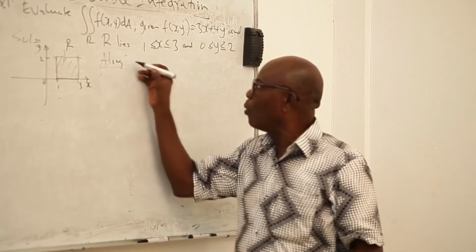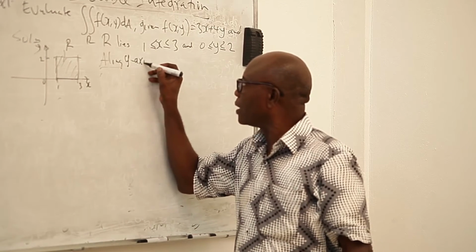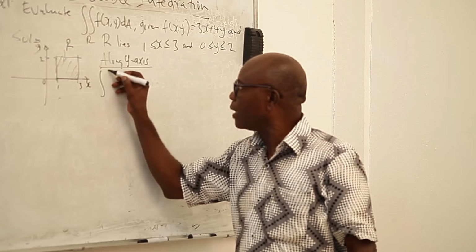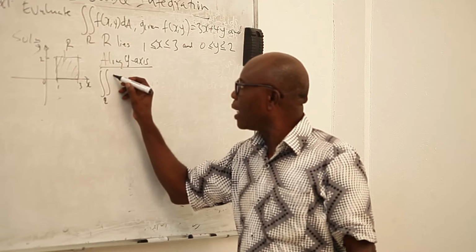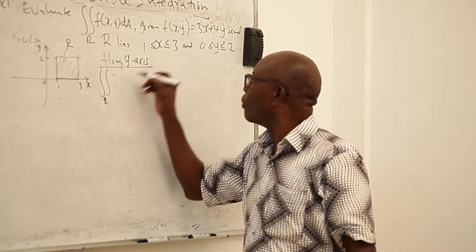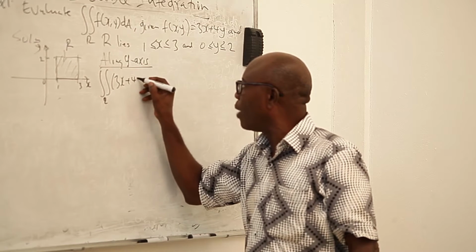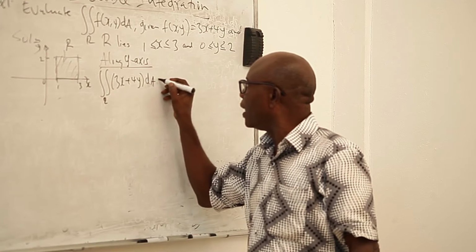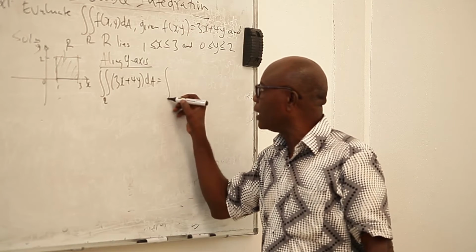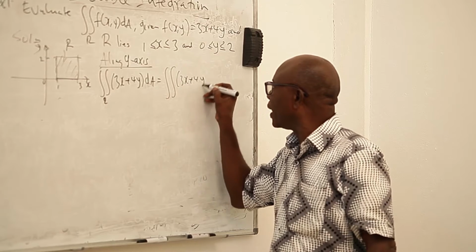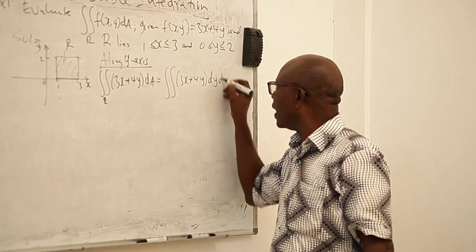So along the y-axis, our double integral of f of x and y, which is 3x plus 4y, dA, now becomes the double integral of 3x plus 4y, this time dy dx.